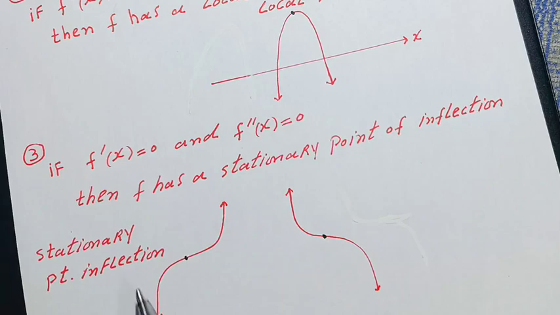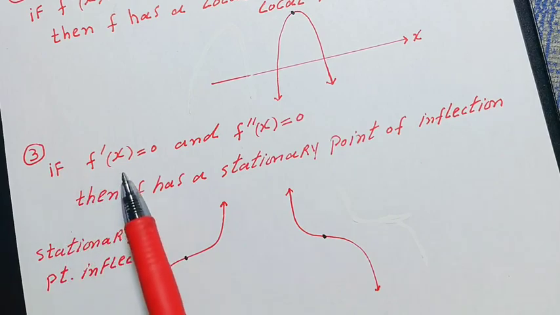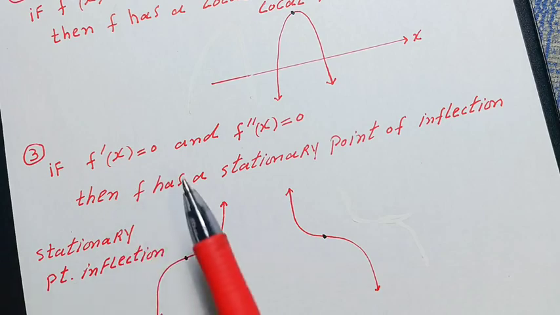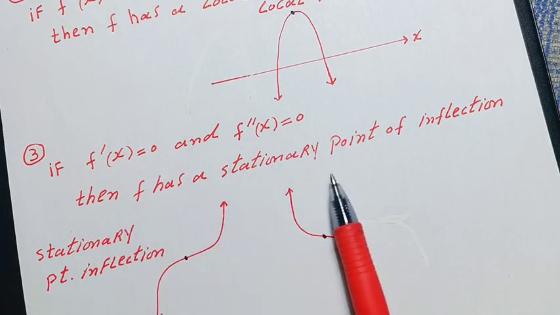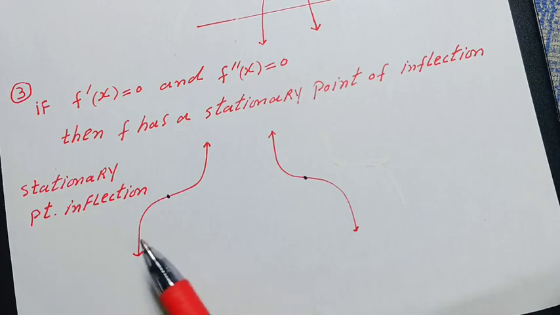So this is the last one. If the first derivative is equal to 0 and the second derivative is also equal to 0, then f has a stationary point of inflection. So this is a positive graph, negative graph.